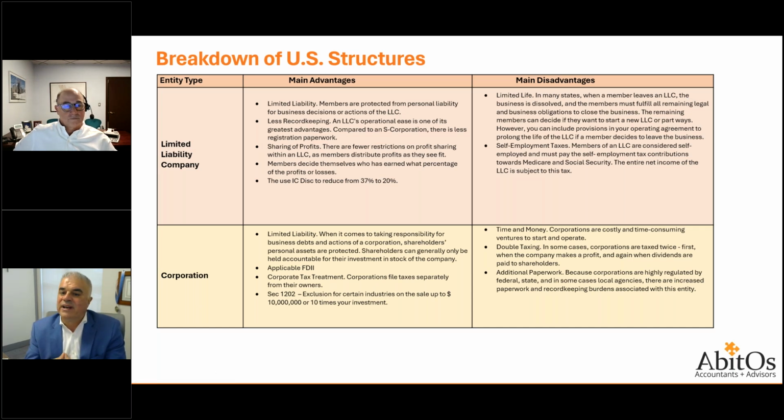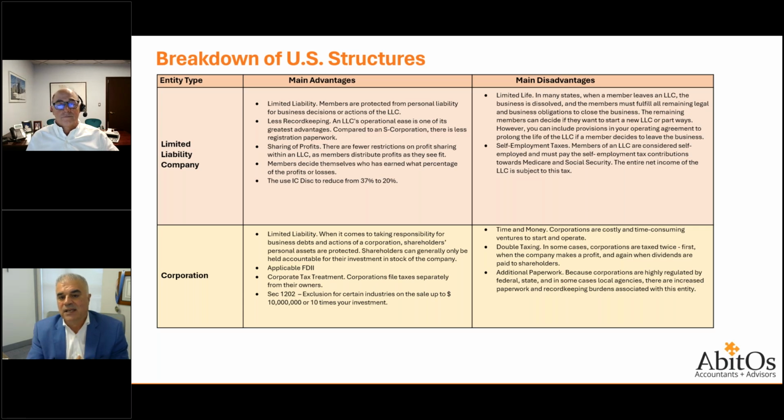So when we look at a limited liability company, most clients that say, I want to have a corporate structure, in this scenario, you would be taxable at 21% plus the state of Florida, if you're doing business in the state of Florida, at 5.5%. But if you have any other state, then you have additional taxes associated with that.